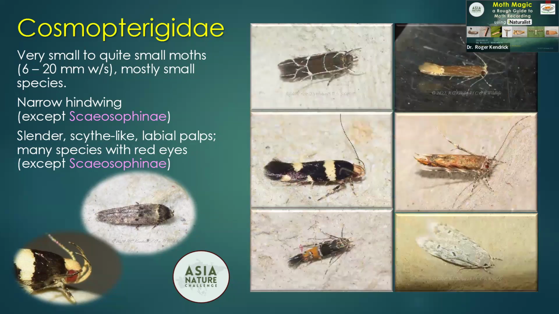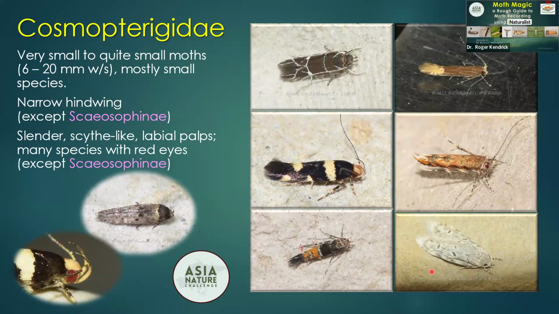Some more examples. Behaviorally, some of these are a bit like whirligig beetles, but on a leaf. They dance in little pirouettes and all sorts before they settle down. Combine that with the red eyes and the very fine scythe-like labial palps, and you can be pretty sure it's Cosmopterigidae.